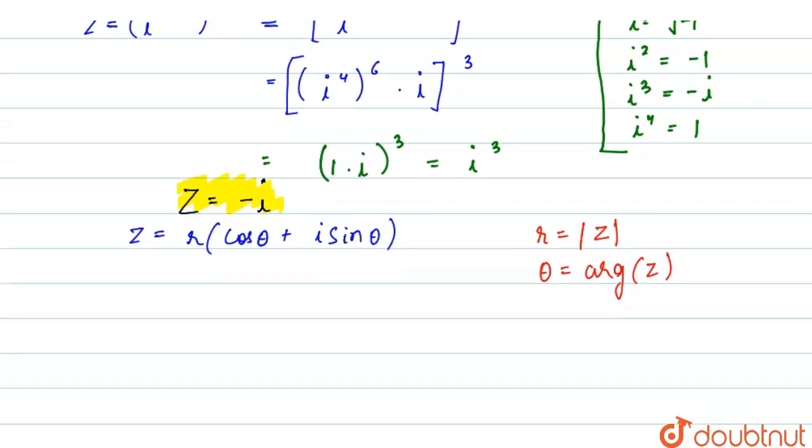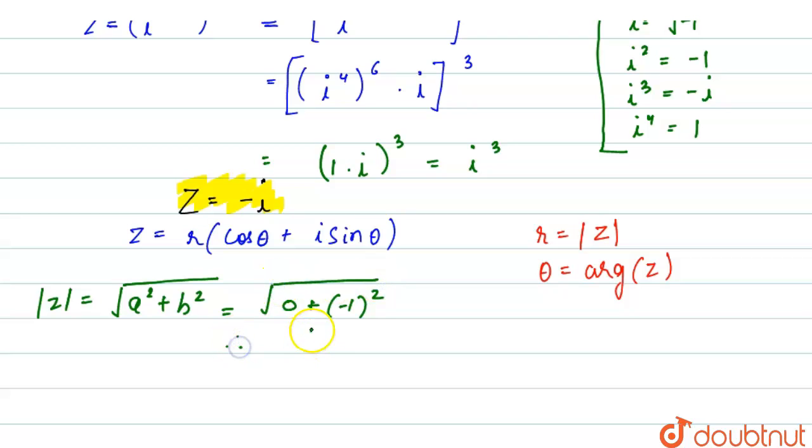Now first we will find the mod of z. Mod of z is equal to under root a square plus b square. Here a is 0 and b is minus 1, so minus 1 whole square. Therefore mod z is equal to 1.